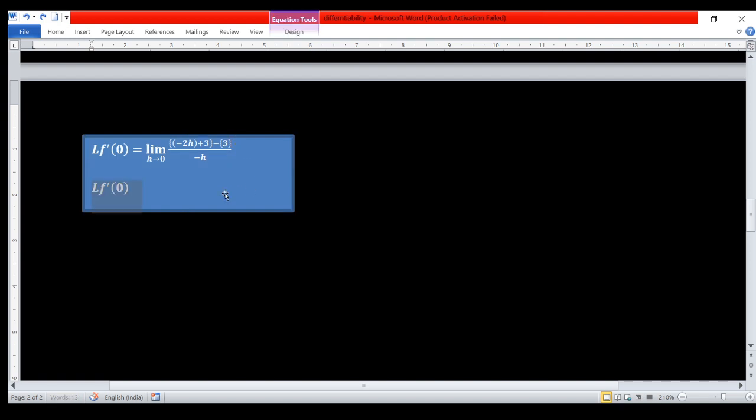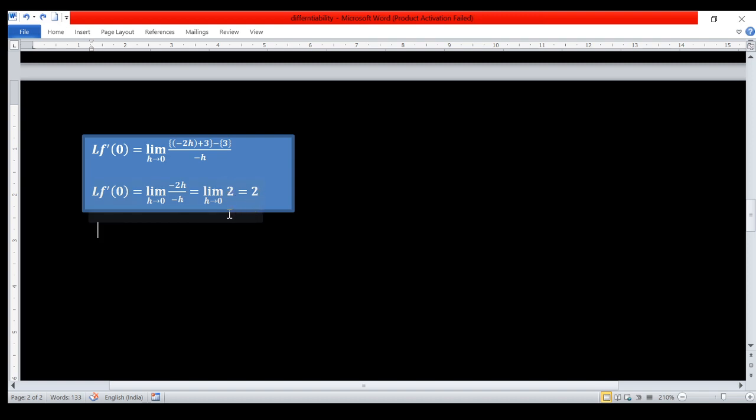In the next line, plus 3 minus 3 cancel, minus 2h by minus h, so plus, h minus h cancel, we get 2. Of course this h tends to 0, it is close to 0, near to 0 but not 0. It's a finite number, so we can cancel, and that's why we get 2.